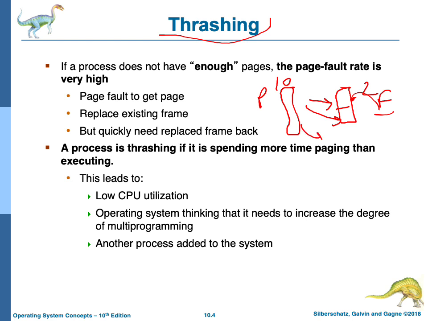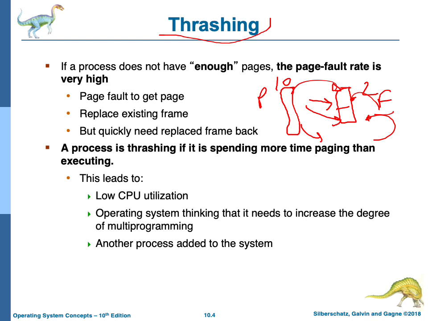Then at the reference to the 4th page, it will replace the second one, and then once it needs the original one, it will page fault to replace it, and keep page faulting all throughout its execution time.